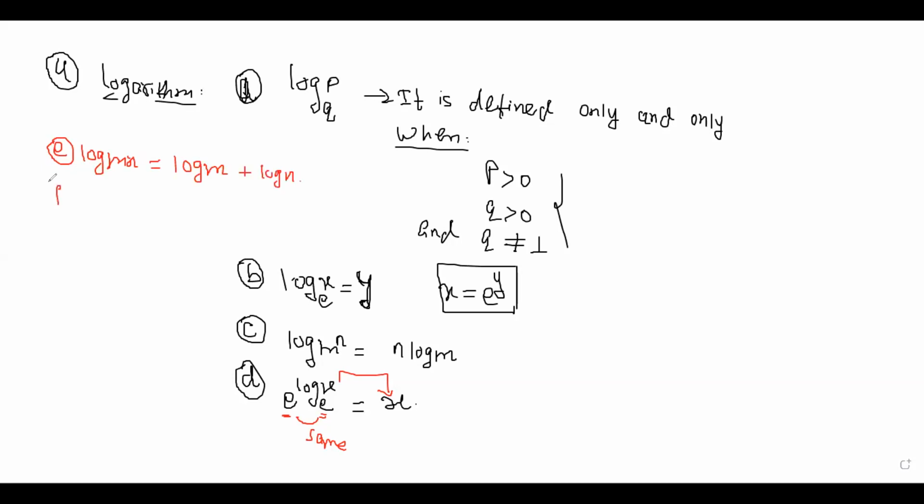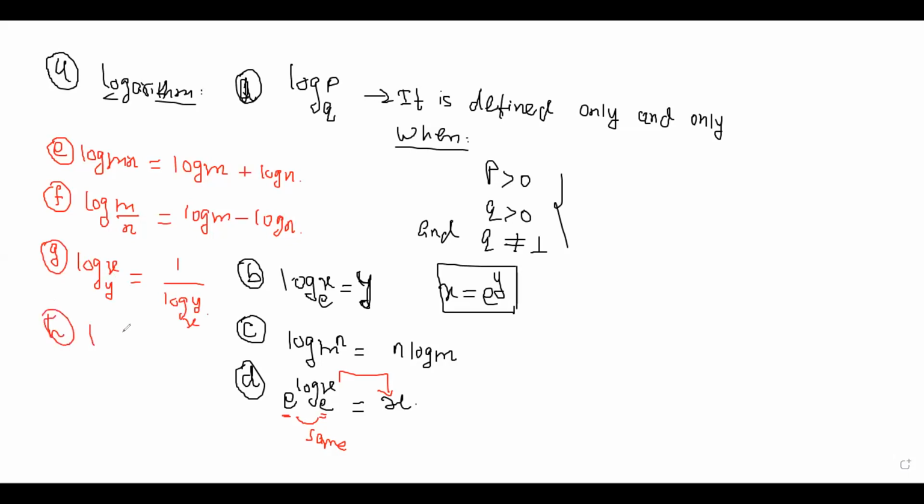F: log m by n is equal to log m minus log n. G: log x base y is equal to 1 upon log y base x. Okay, H.